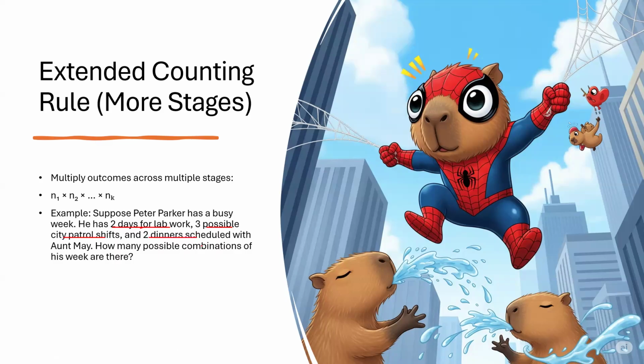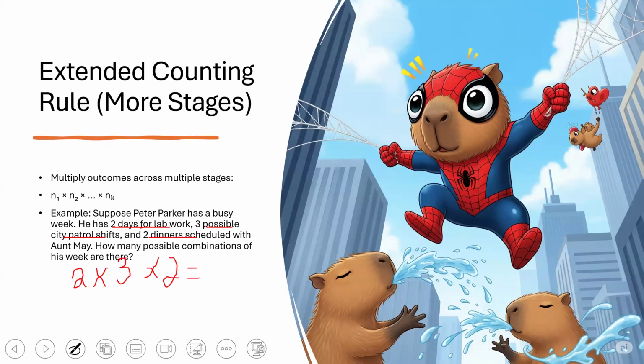How many possible combinations of his week are there? Twelve possible ways he could arrange his week. This is especially useful in business scheduling, classroom planning, and decision tree analysis.